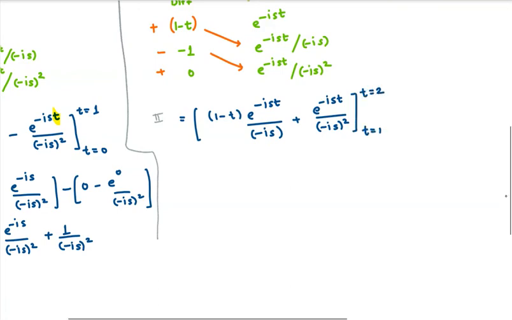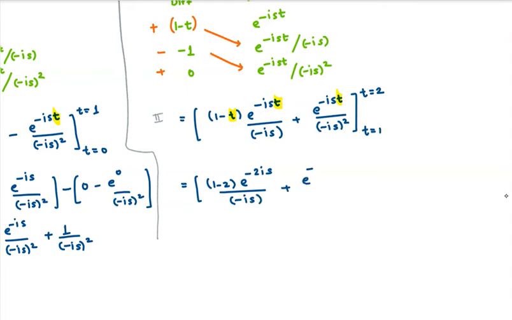So again we have to replace t first by 2 in these 3 places and then by 1, which will give you 1 minus 2 e power minus 2 iota s over minus iota s plus e power minus 2 iota s times 2 over minus iota s to the power 2.